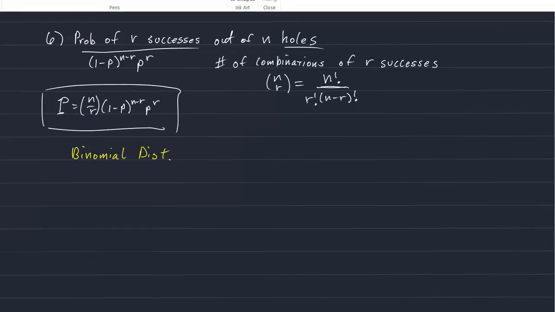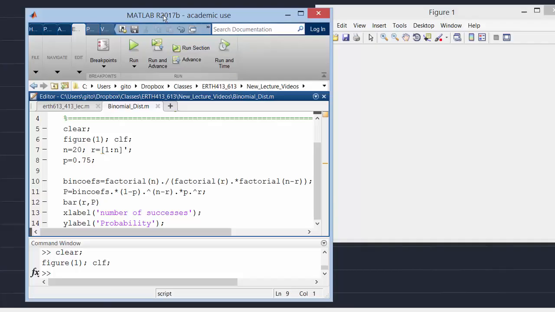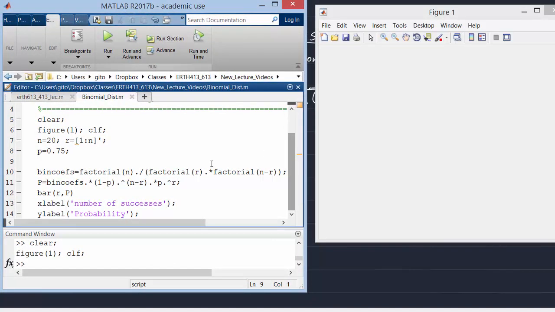Oh, and I better delete this little line here. This is not a fraction, it's our binomial coefficients. Okay, so I've written a little script here that calculates the probability for when there are n trials here, and the number of successes goes from 1 to n.